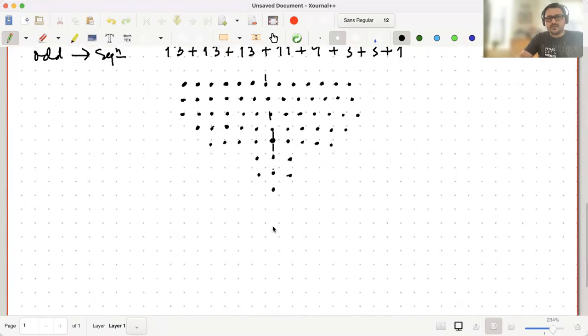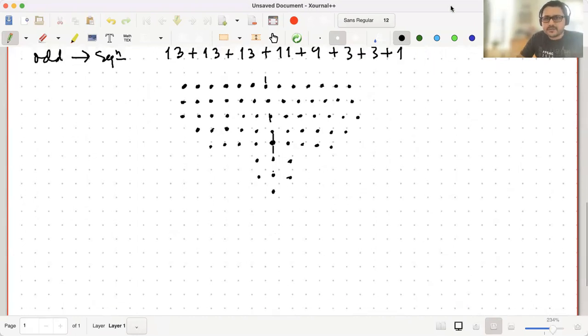Now I'm going to draw a line. Let me use a different color. I draw a line in the central column, and when I reach the top, I'm going to go to the right. I do this for all of the lines that I can draw to the right. I'll go to the top, and when I reach the end, I'm going to go to the right. So this is just one.